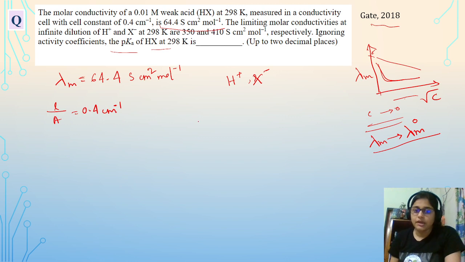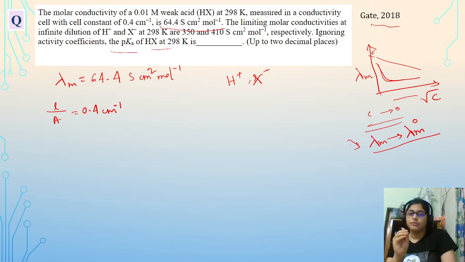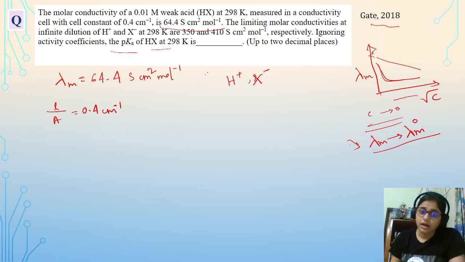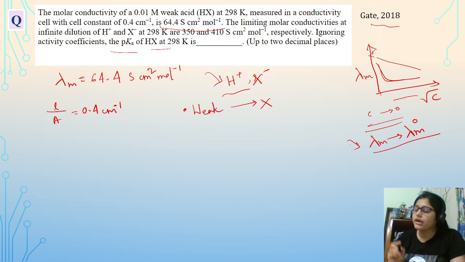This is actually Kohlrausch's law, which says that we can't find the limiting molar conductivity of weak electrolytic solutions from the graph. So for the case of a weak electrolyte, there is no way, from the graph, to find the lambda m0 value because it is not cutting the y-axis.